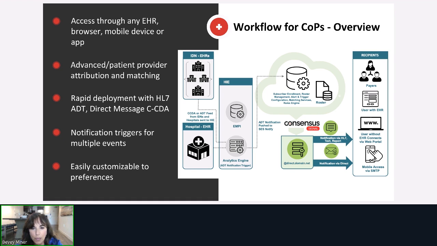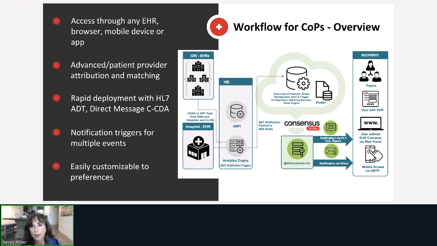Once it goes into the HIE platform, then it can go through the consensus signal backbone, where a subscriber and enrollment, all the rosters are managed within that. And that's where you'd have your automatic alert triggers happening. The configurations will be done within the consensus signal platform, the matching services, the rules engines for how many alerts do I want?